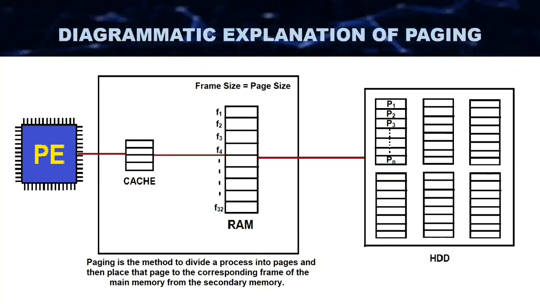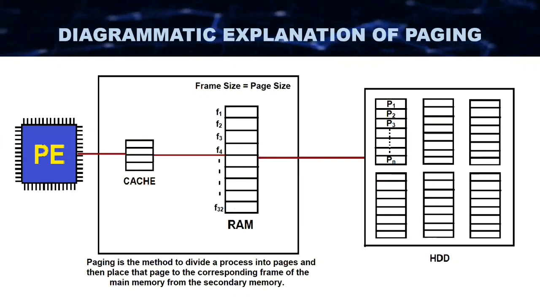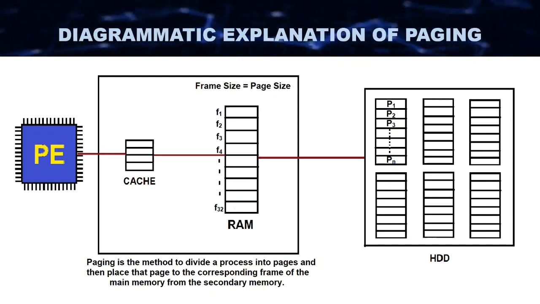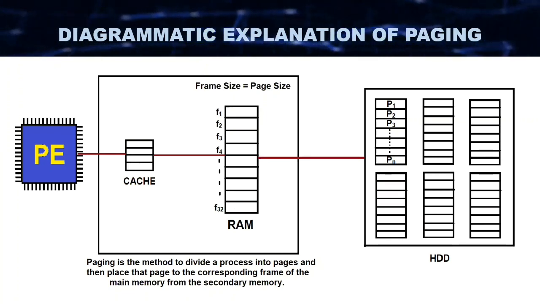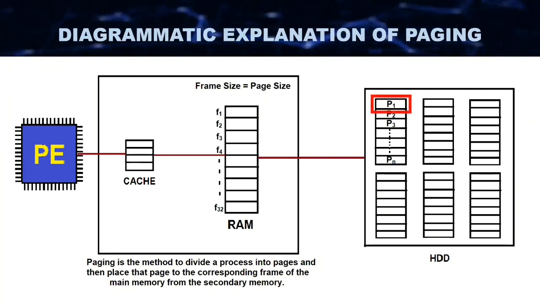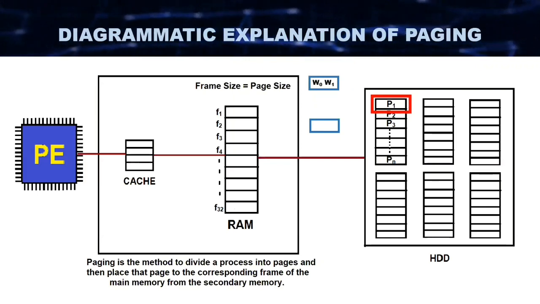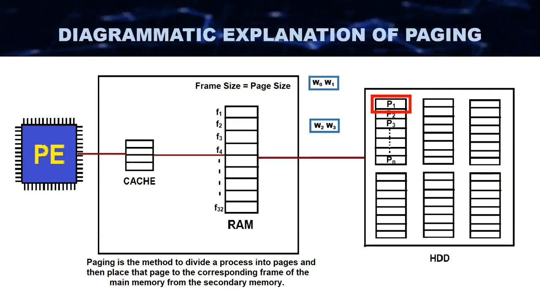Here we take our previous example, that process P1 has a size of 4 bytes and the page size is 2 bytes. So when the operating system finds that the P1 process contains the word W1, this process is divided into two pages which consist of 2 bytes each.